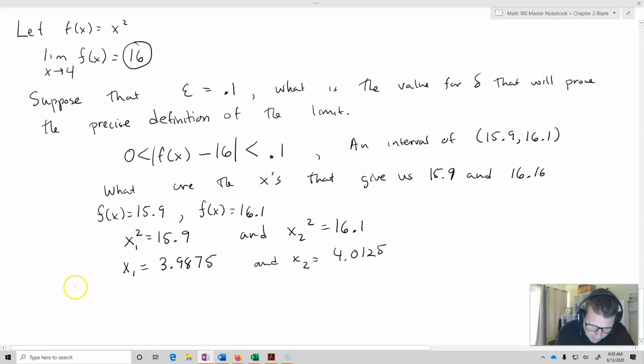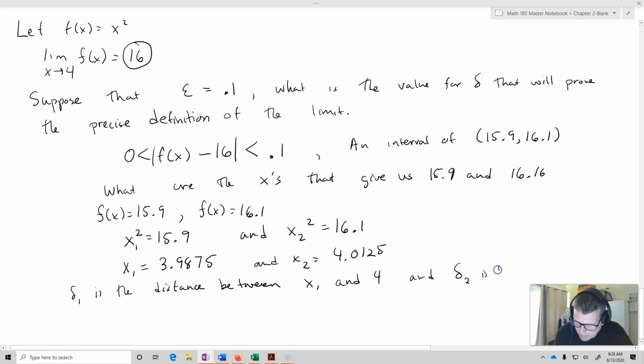Now, delta 1 is the distance between x1 and 4, and delta 2 is the distance between x2 and 4.